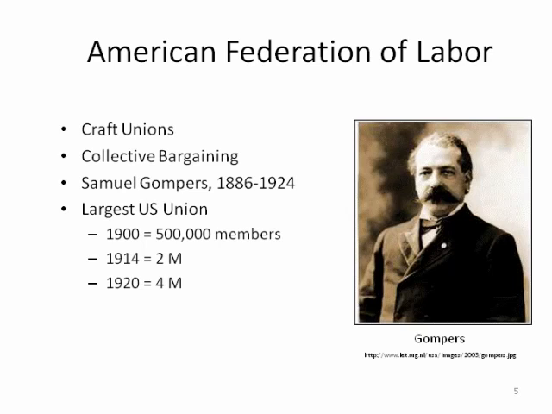The AFL became the largest American union, getting 500,000 members in 1900, 2 million members in 1914, and by 1920 had doubled to 4 million members, in large part because of its ability to negotiate with the federal government in working out economic issues because of our involvement in World War I. So the reason that the union doubled in size was primarily because the federal government needed to control labor, and the AFL was willing to sign no strike pledges during World War I. The same thing occurred in World War II.